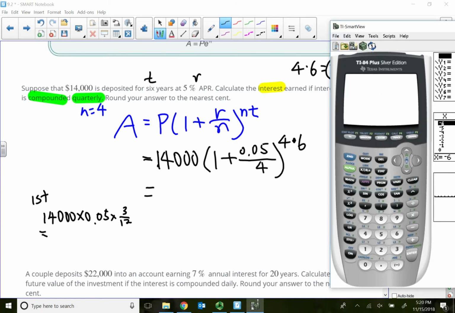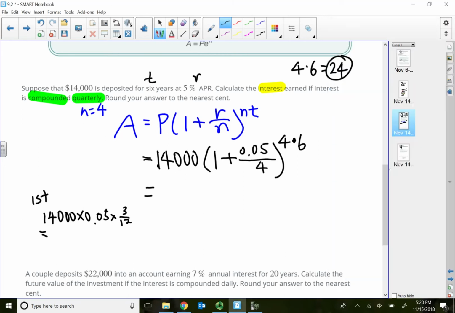Let me do this real quick: 14,000 times 0.05 times a quarter, which is 0.25. So at the end of the first 3 months, my interest is 175.